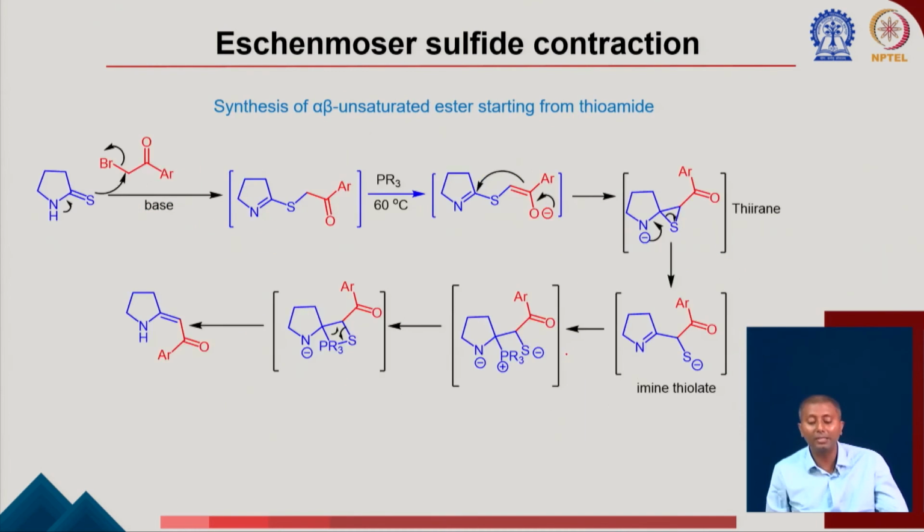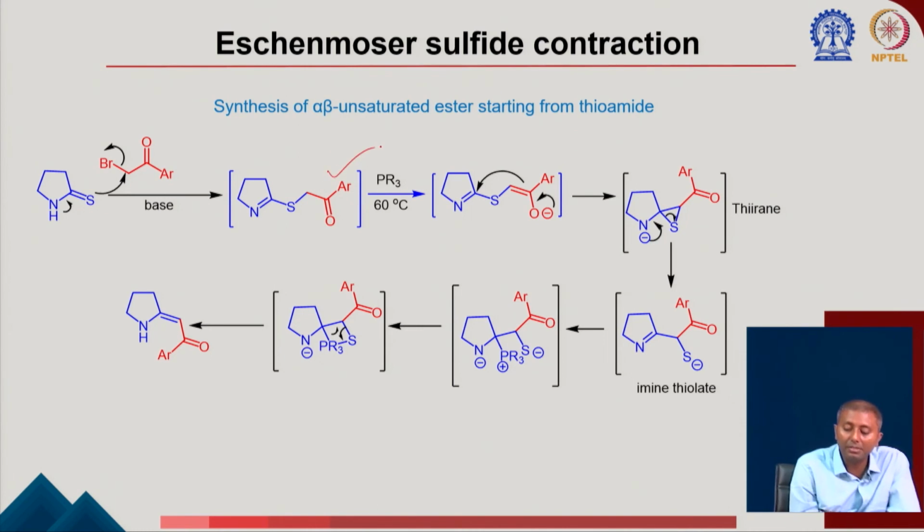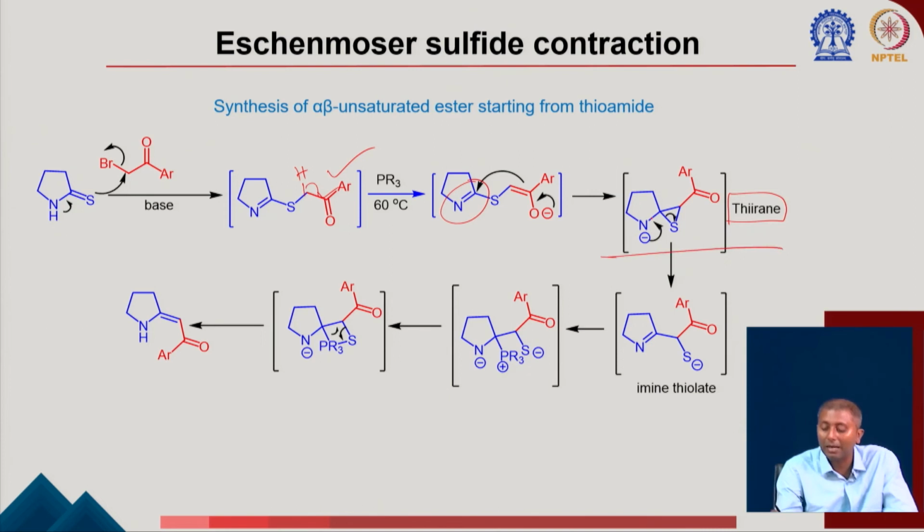So now we try to understand the mechanism of this reaction, what is happening. Again the sulfur is attacking first through an SN2 to form this corresponding intermediate species. Now this proton is getting abstracted in presence of a base to form an enolate. That enolate is coming back and attacking here, and then it is forming this type of thiirane intermediate. This thiirane intermediate is getting opened to form this type of imine thiolate.